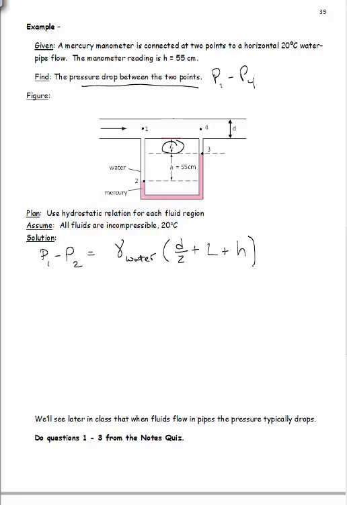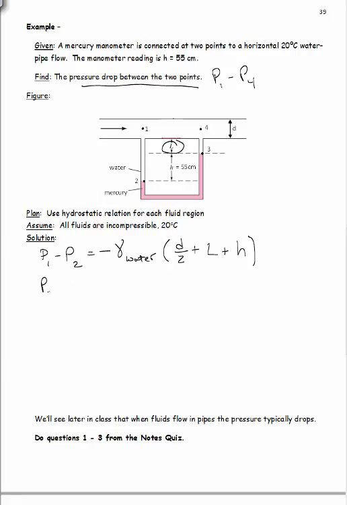I'll just leave it as h. So now from 1 to 2 we need to figure out, is this difference positive or negative? Well, 2 has to be bigger than 1, right? The pressure at 2 is bigger because we're at a higher depth. So 1 minus 2, well, that must be negative.